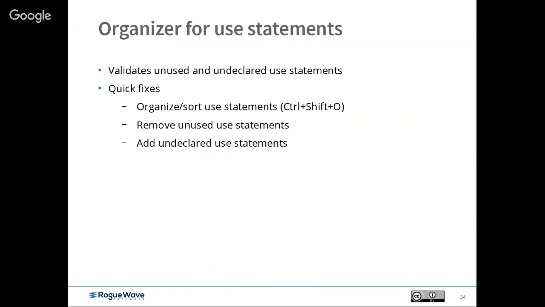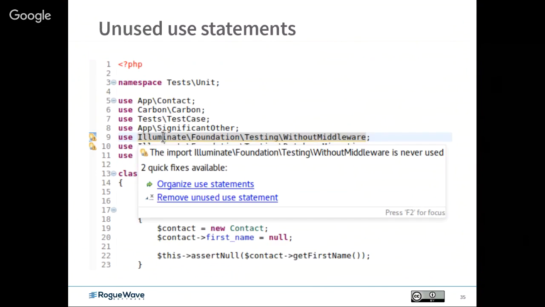There is a shortcut, Ctrl-Shift-O. For those of you who are familiar with the Java development tools, this is the same as organizing package imports. Use statements in PHP are similar to the package imports in Java. And we also have quick fixes for removing unused use statements and adding the undeclared use statements.